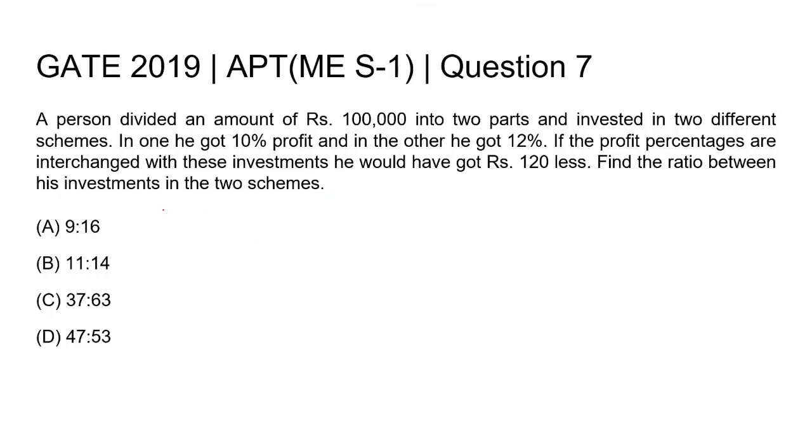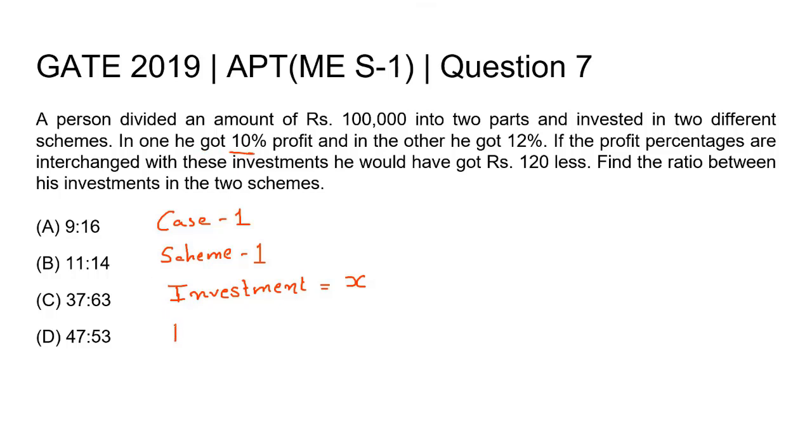To solve this question, let us start with the first case. In this case, for scheme 1, let us assume that the investment that the person does in this scheme is X. Over this X amount, the person gets 10% profit in this scheme.